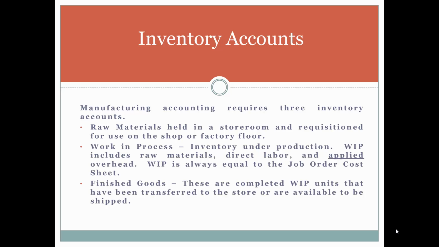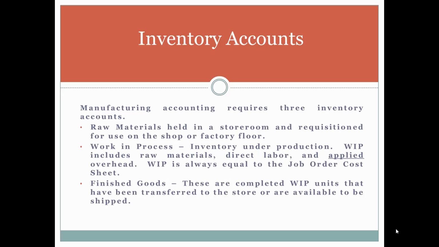This is inventory under production, to which you're going to apply overhead and direct labor and convert it into a product. WIP includes raw materials, direct labor, and applied overhead. WIP is always equal to the job order cost sheet. It is the general ledger reflection of what is going on the factory floor on the job order cost sheet. Finished goods.